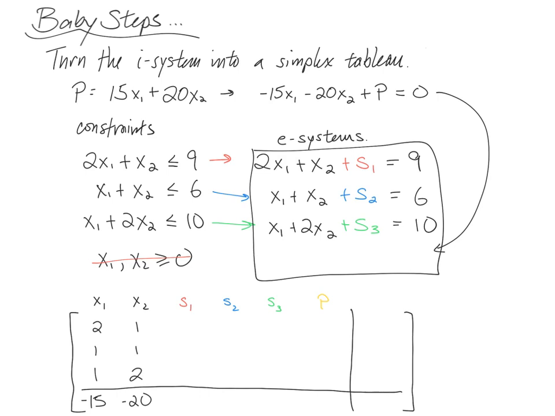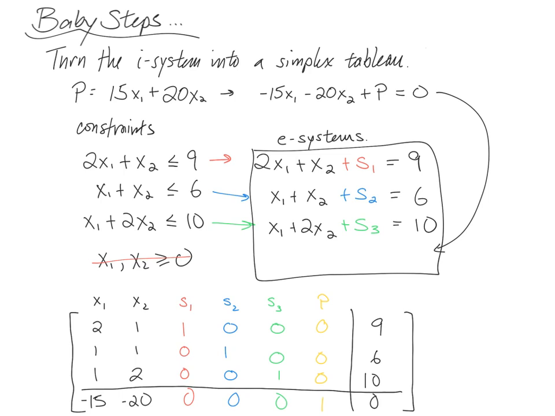Now s sub 1, there's only one s sub 1 in this equation, and none of the other equations have an s sub 1, so this column will look like this. And then the rest of these s sub 2, s sub 3, p columns will end up looking similar. So the rest of the matrix would look something like this.